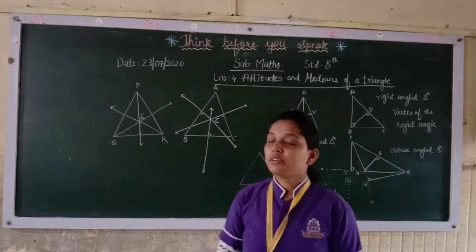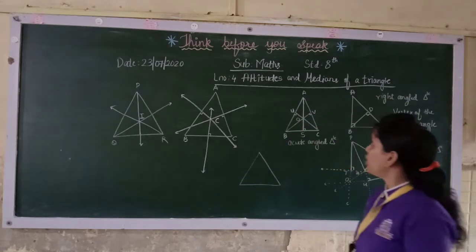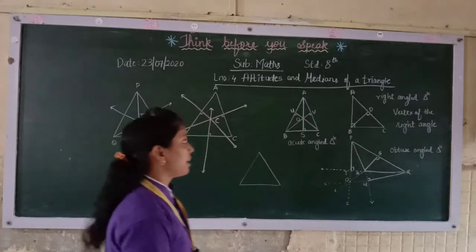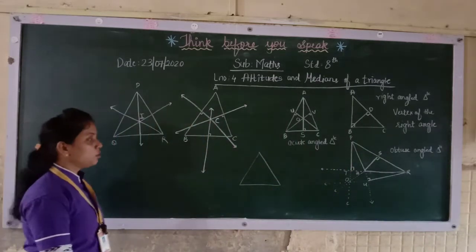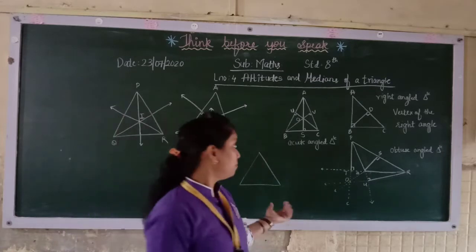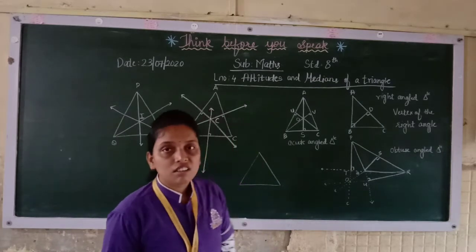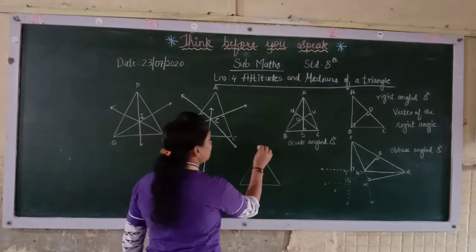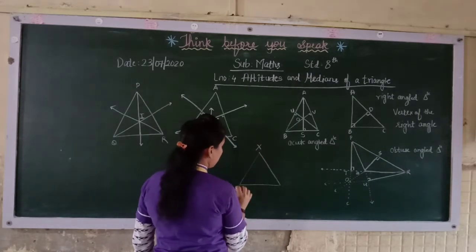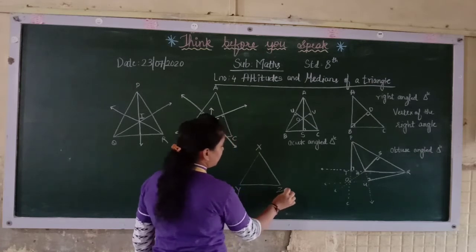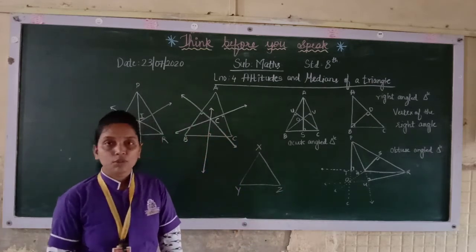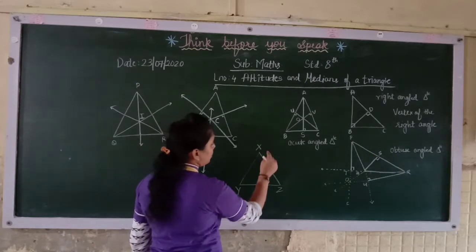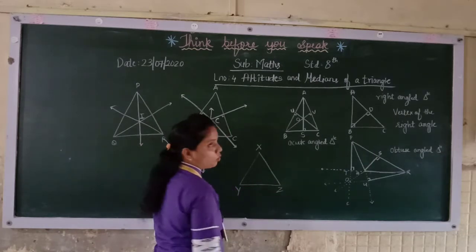So today we are going to start maths subject standard 8, that is lesson number 4, altitudes and medians of a triangle. Now previous standards you must have studied what is a triangle. It is a three-sided closed figure. For example, if this is a triangle XYZ, here you will come to know that it is having three sides, that is XY, XZ and YZ.